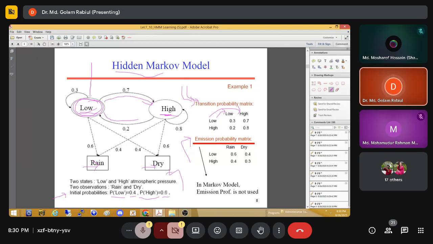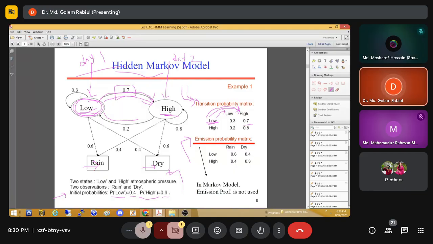Currently it is low; the probability that in the next time slot it will be high, the transition from low to high, is 0.7.